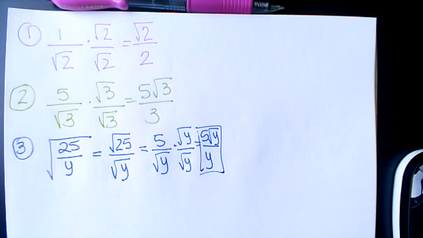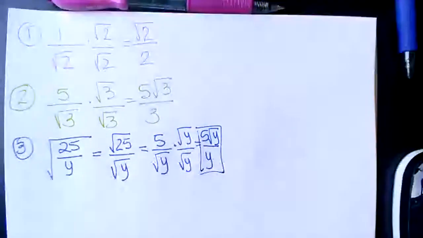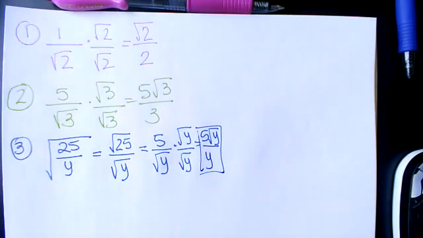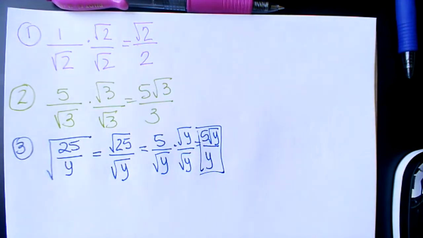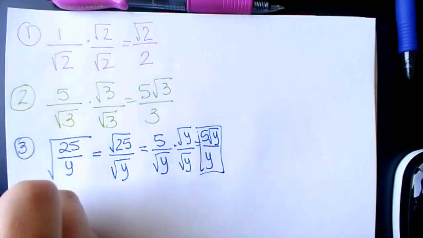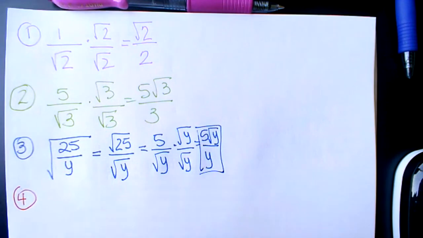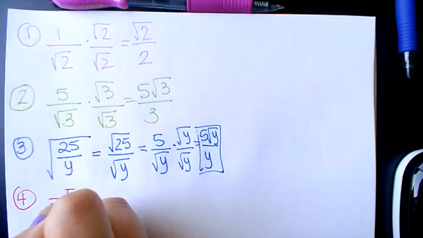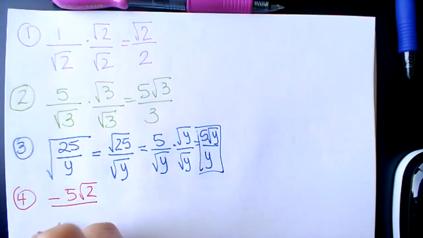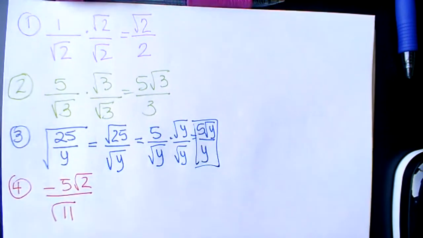Most of the ones that are the square root, let's see how many I have here. Okay, let's do this one. Number 4: negative 5 square root of 2 divided by the square root of 11.